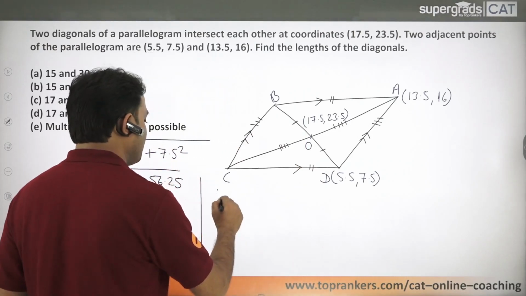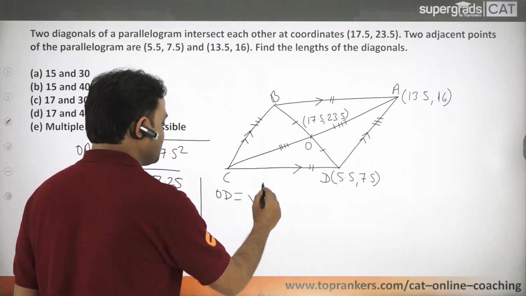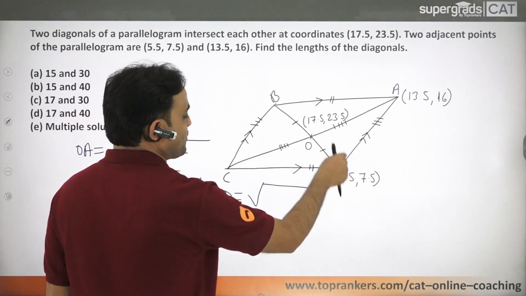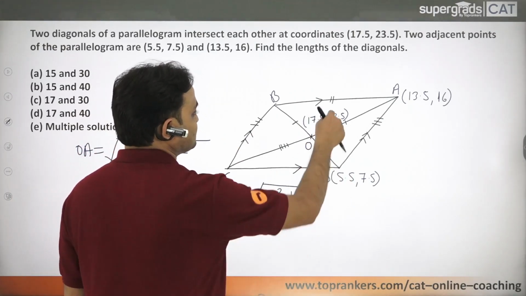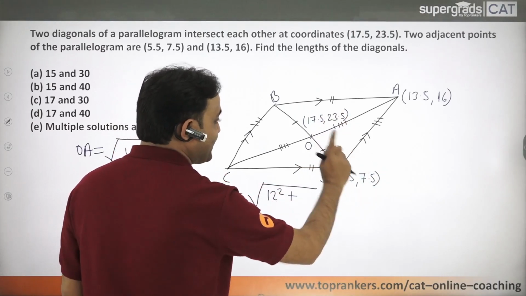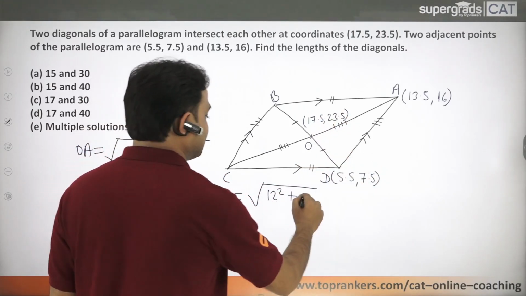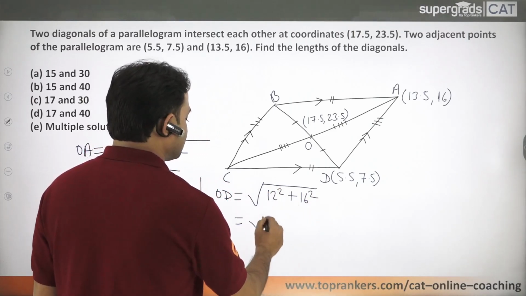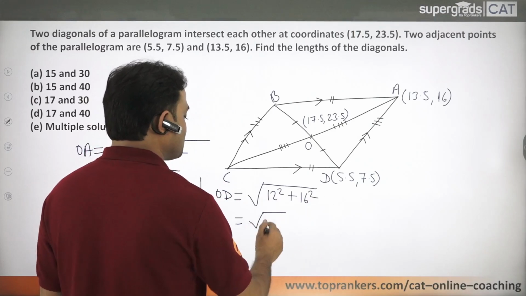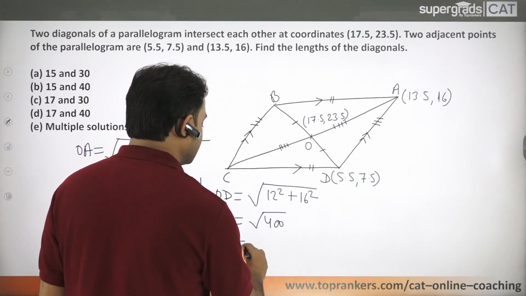Next, we can find the length of OD. What will be the length of OD? Again, using distance formula, 17.5 minus 5.5, this will be 12 square, plus 23.5 minus 7.5 is 16 square. This will become 144 plus 256, 400. This is 20.